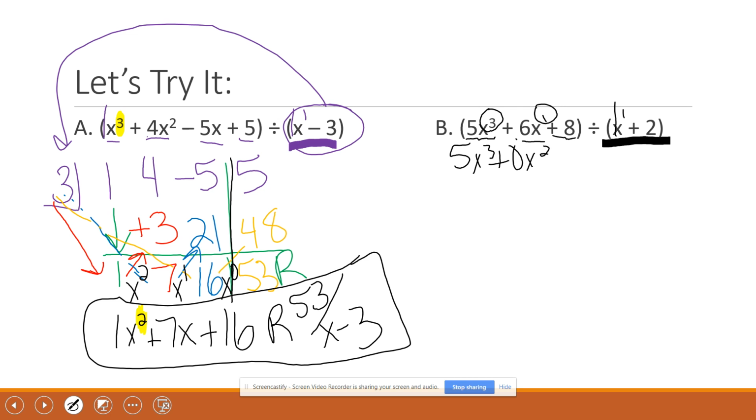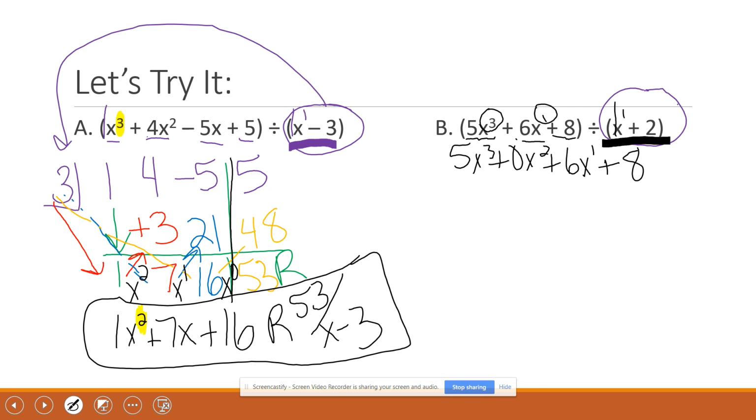Adding that 0 in on yesterday's notes wasn't that big of a deal. It helped as a placeholder, but you didn't absolutely have to add that. If you are using the shortcut, you absolutely have to add that 0. And so this is my new standard form for the equation.